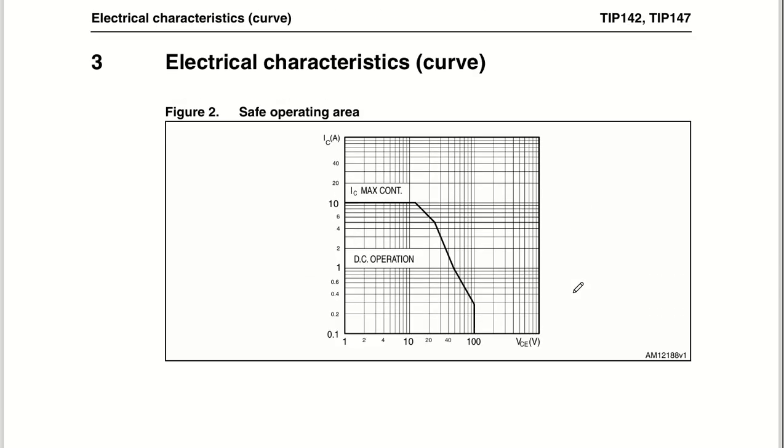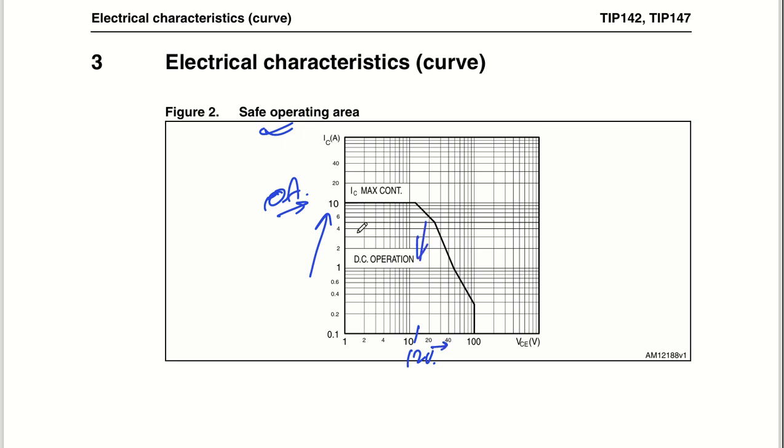Coming back to the electrical characteristic curve, this is nothing but the safe operating area. What it is saying is, if you are going to have a maximum IC current of up to around 10 amperes, it means it can work up to a VC of 12 volts. That's the reason I told you that. If you increase the voltage rating, the current rating will reduce.